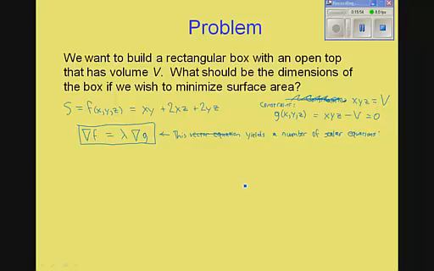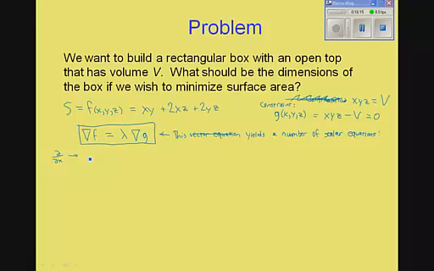Okay, so what do I get? Well, gradient of F. So basically what you can do is go through component by component, right? So we have the partial with respect to x. That's going to give me an equation.